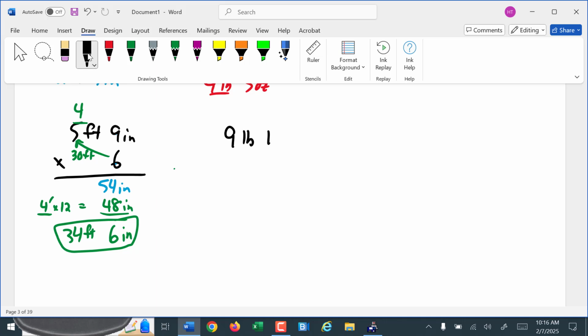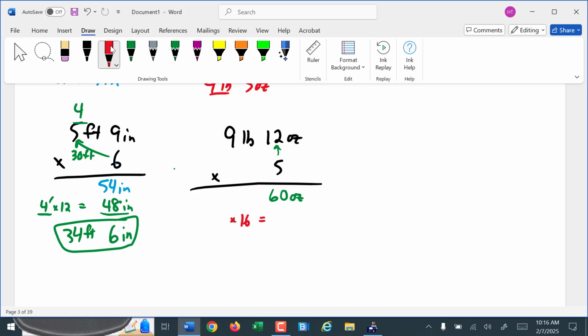If we need 9 pounds, 12 ounces, and we're going to need 5 of those. 5 times 12 is 60 ounces. Once again, we need to figure out how many pounds we can get out of that.